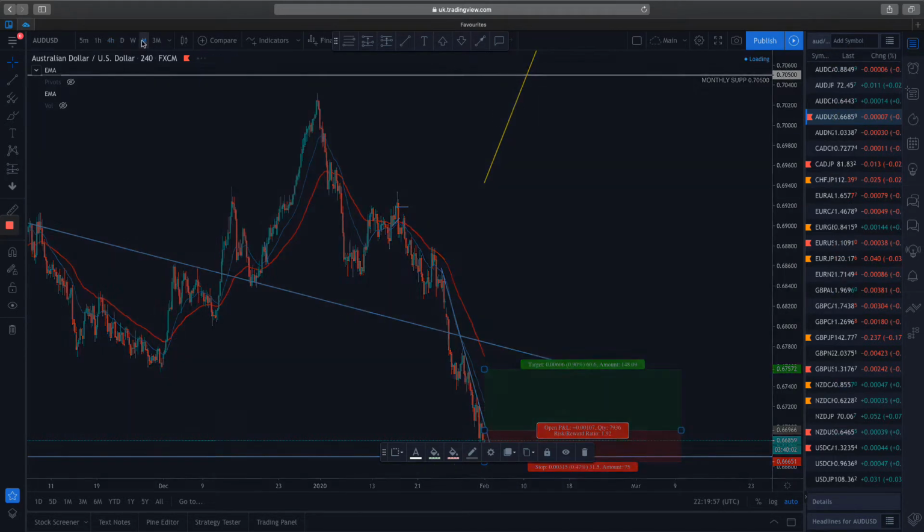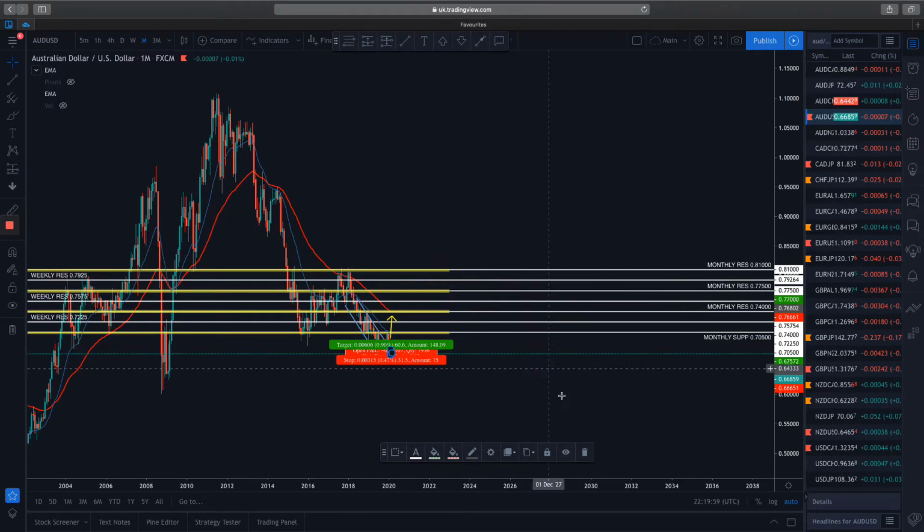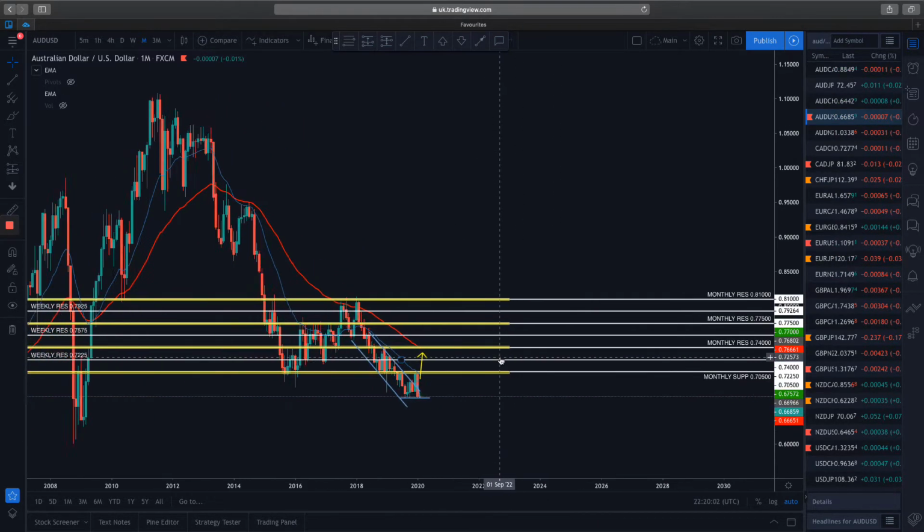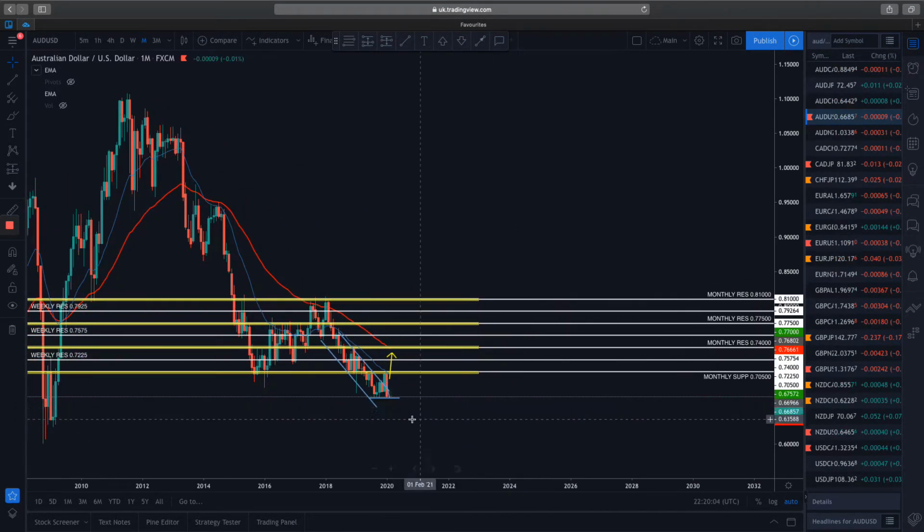The reason why my bias has changed on this is because when we look at the monthly now, we can see how we've engulfed what looked to be, so this bullish engulfing here engulfed basically 4 months worth, and 1 month has just taken all of that bearish pressure, you can see.